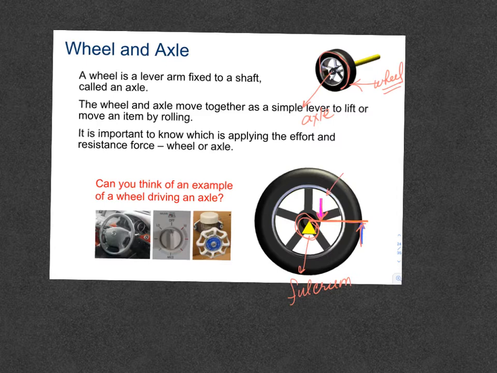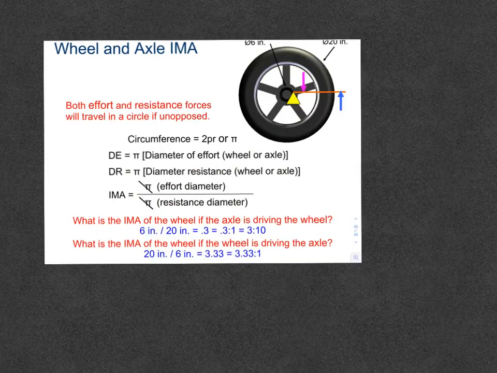Which one is the resistance and which is the effort? We don't know. That's one of the things you have to take into consideration when you're solving a wheel and axle problem.